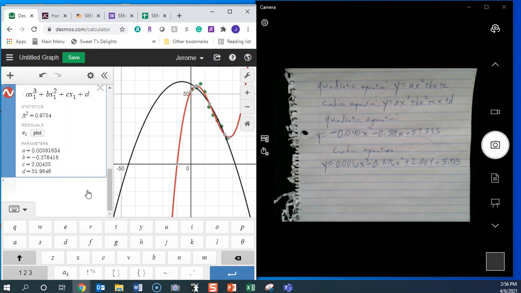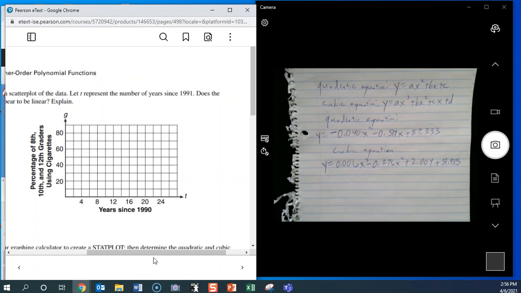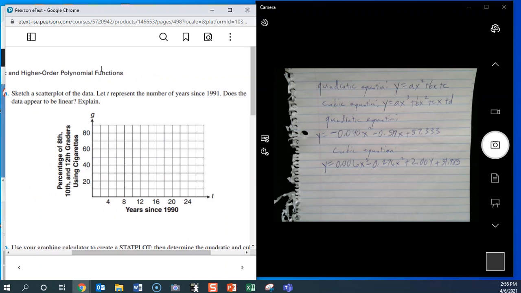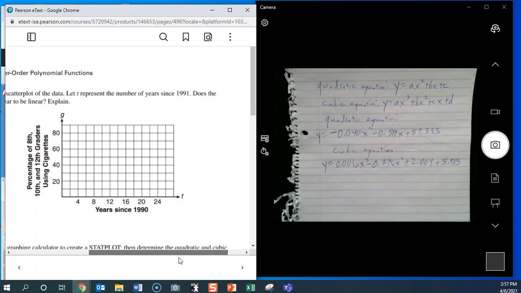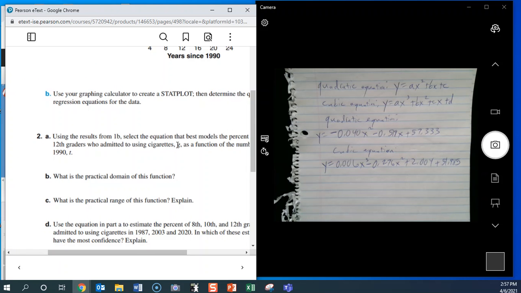Okay, now that takes care of, this actually takes care of section 410, but there is one thing that we need to change because they told us up here, let me pull up the book again. We have to change our variables because they tell us let t represent the number of years, and then we can also use g because they tell us to use g here.